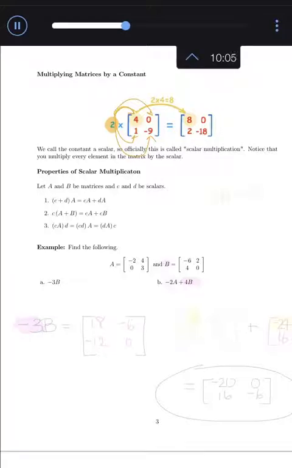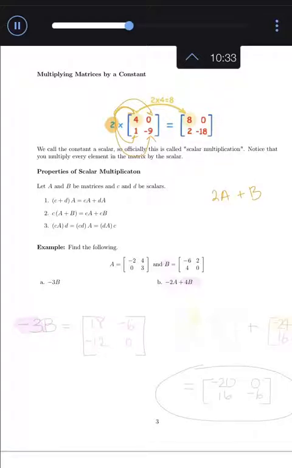So if we have 2A plus another matrix B, you'd want to make sure that the first matrix A gets multiplied by the 2, then you do the addition at the end, just like normal order of operations. It doesn't matter that these are matrices, it will work the exact same way.